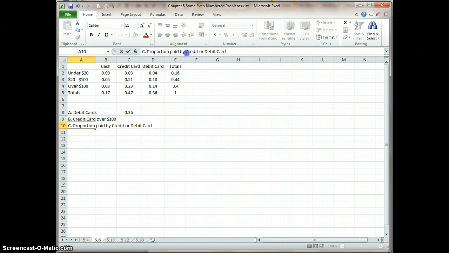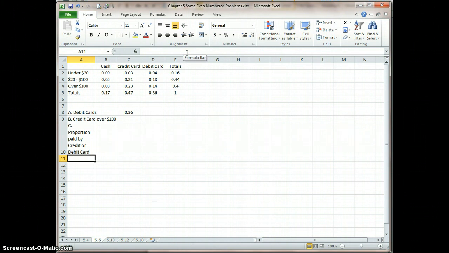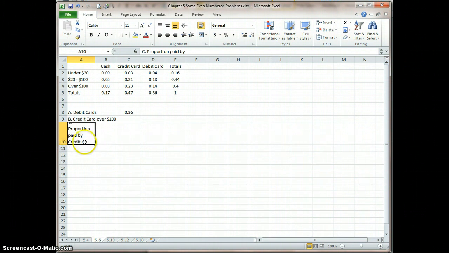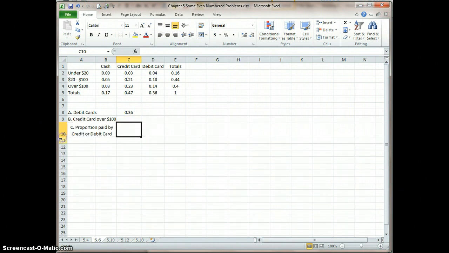I'm just going to go back here and Alt Enter so it doesn't, oops, I did that twice. Make that a little easier to read and resize that.